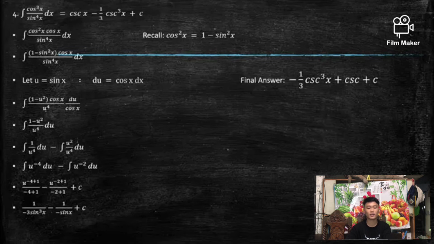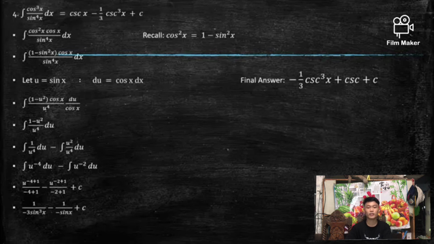In simplifying, we can also use u substitution, letting u equal sine x and du equal cos x dx. Knowing this, we can now achieve the integral of the quantity 1 minus u squared cos x over u raised to 4 multiplied by du over cos x.